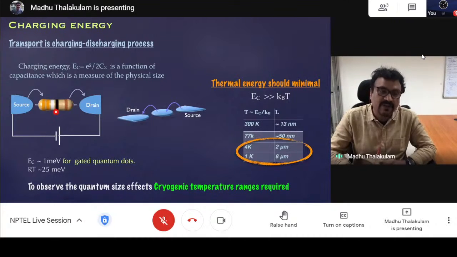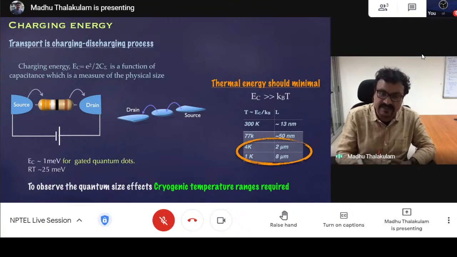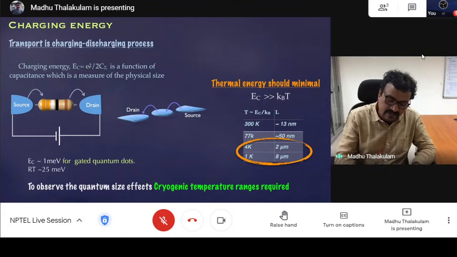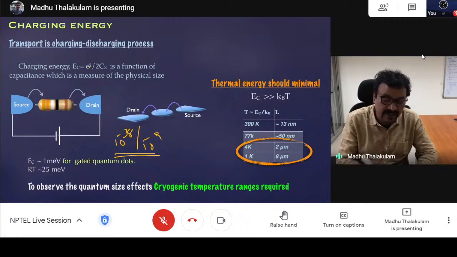So this has nanofarads of capacitance, and the electronic charge e is of the order of 10 to the power minus 19. So when you take e squared, that will be 10 to the power minus 38 divided by 10 to the power minus 9, which is the order of the capacitance.